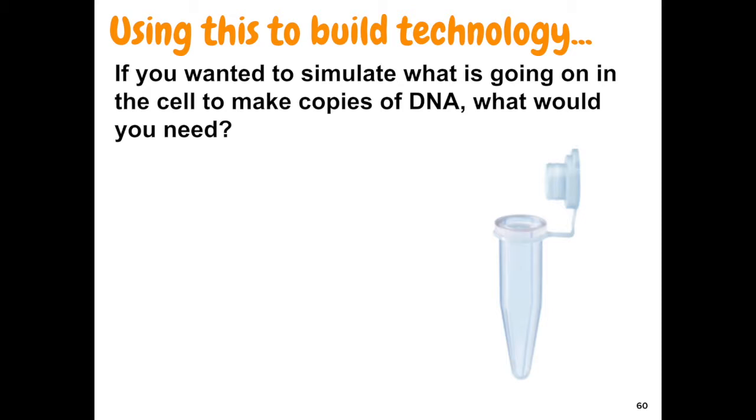Think of different things that are needed in order to make a copy of DNA inside a cell. You're going to need all of that stuff in order to make a copy of DNA outside of a cell. So just take a few moments to think about what you might need to put into that micro test tube.